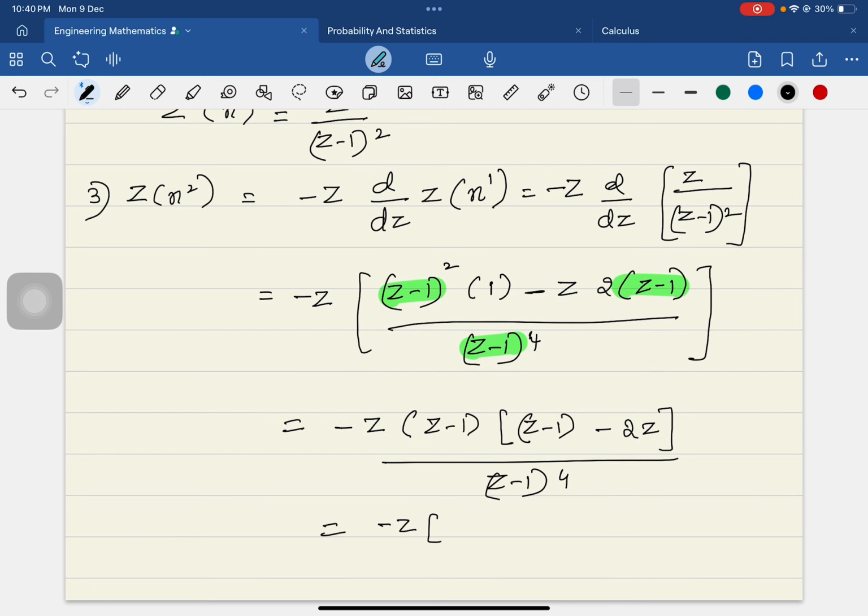So it is minus z into z minus 1 minus 2z by z minus 1 the whole cube. So that is minus z minus 2z. So minus z into minus z is z square plus z over z minus 1 the whole cube. So Z of n square is z square plus z by z minus 1 the whole cube.